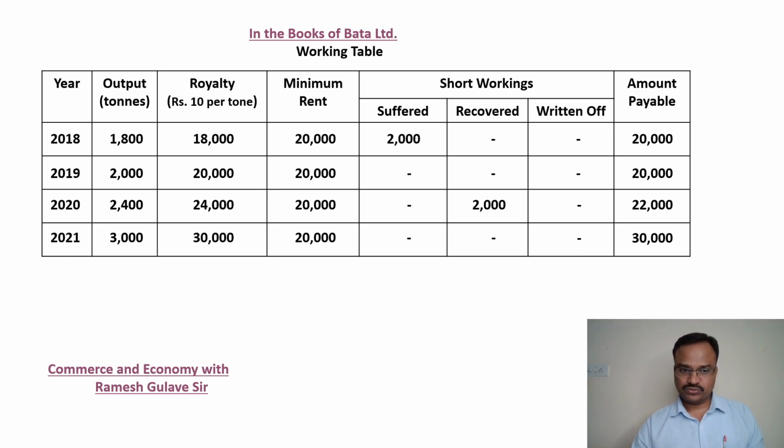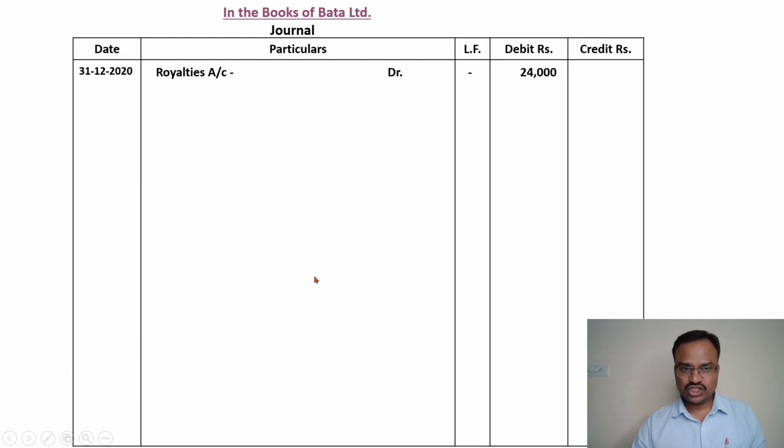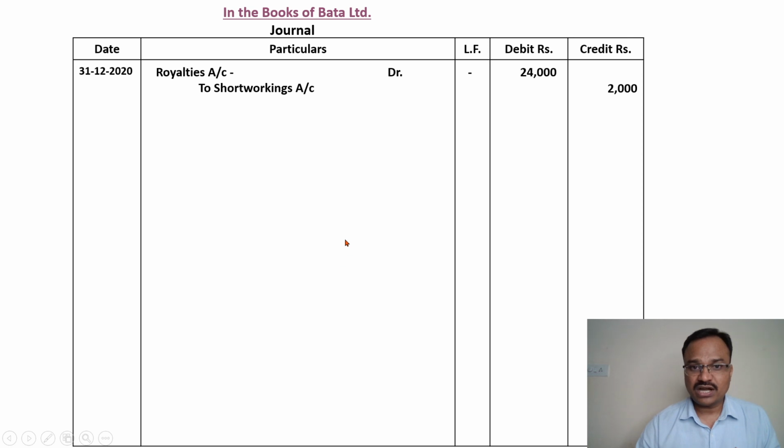So it means short working account will get credited. And how much amount are we going to recover? We are going to recover rupees 2,000. So here to short working account 2,000, then to Tata Limited account, that is landlord account, 22,000. Here royalties are 24,000.